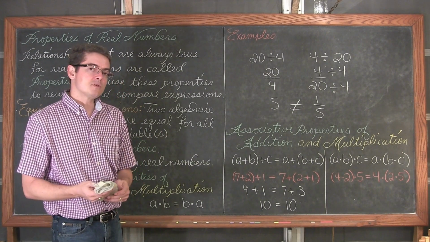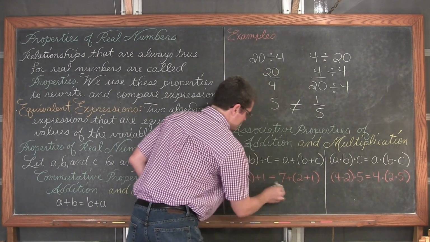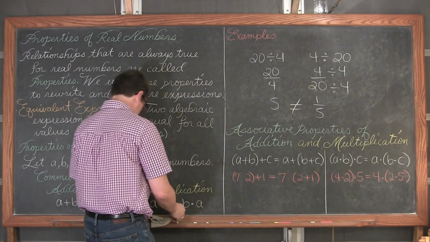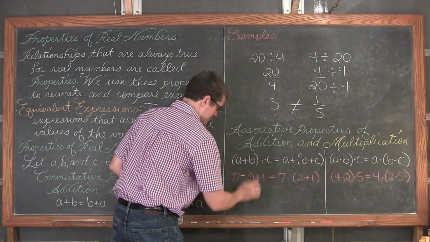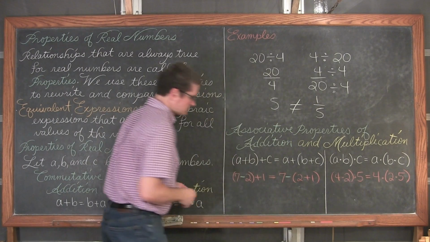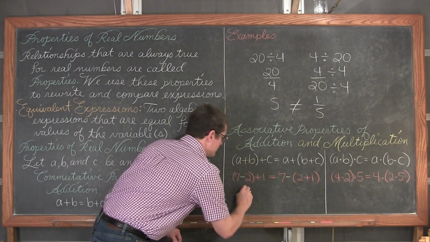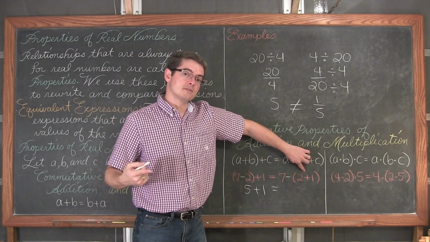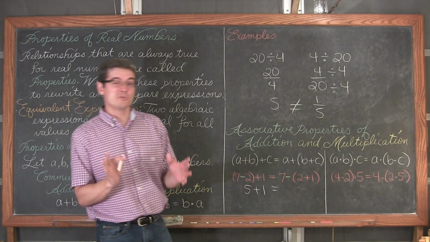Now, why don't we have an associative property of subtraction? Well, if I come back up here, let's change the plus sign between the 7 and the 2 into a negative sign. Actually, let's highlight that in a different color so you know that I've changed the problem. 7 minus 2, working inside parentheses first, is 5. And now we work in these parentheses, trying to apply the associative property to an expression that includes subtraction.